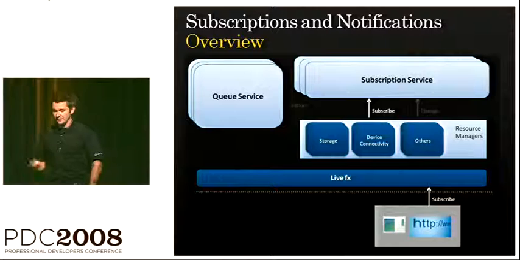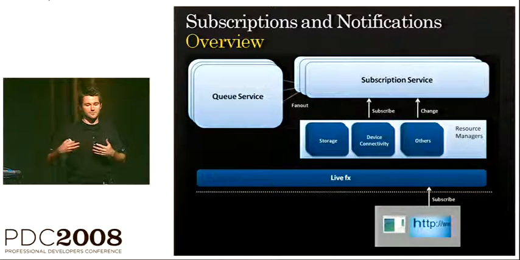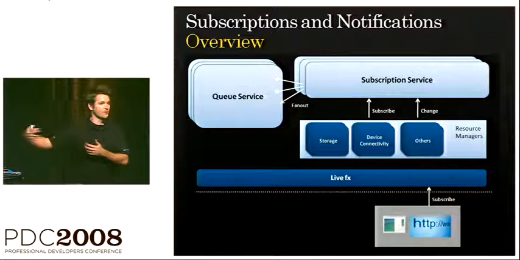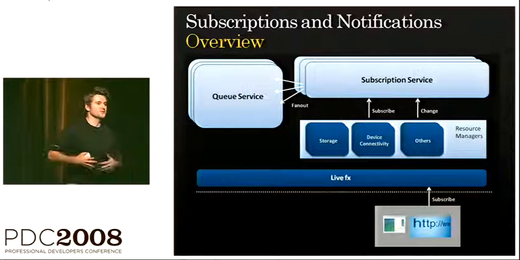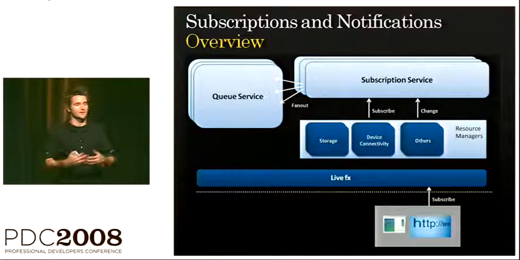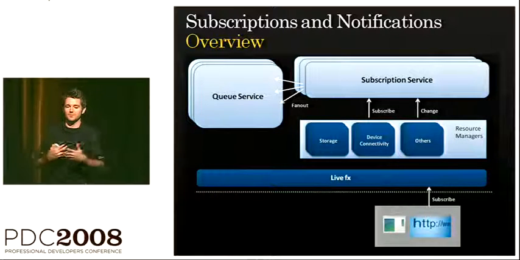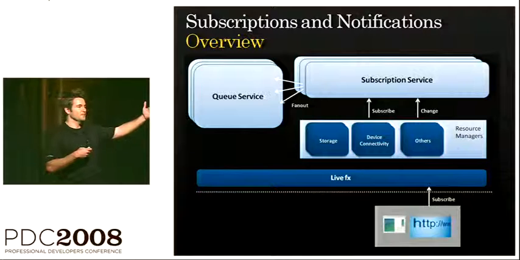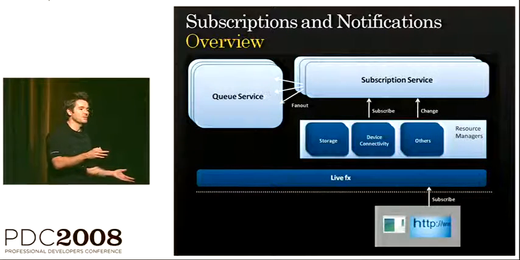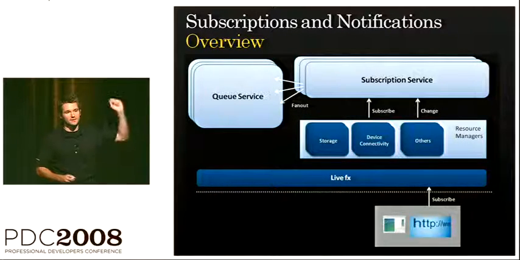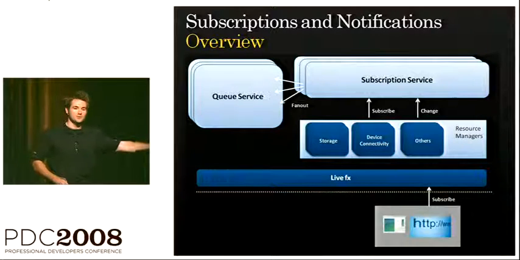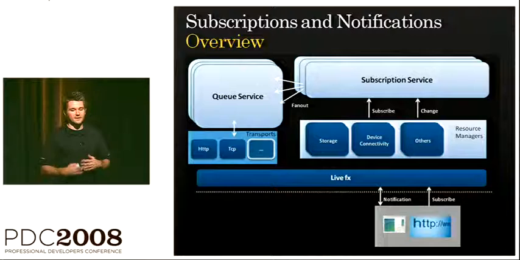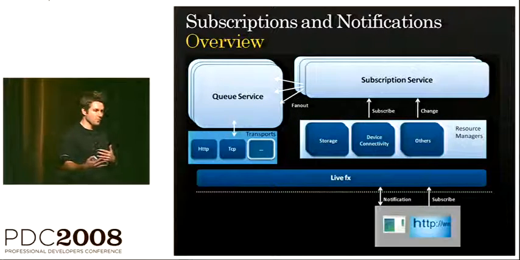A change then occurs in the system, either through your application or another application. I'll show in another demo where we actually register for change events on shared objects so that I can integrate across experiences and across applications. But once that change propagates to the subscription service, the fan out happens to the queue service, and effectively we drop information in each queue that's subscribed. That notification is then propagated over a transport.